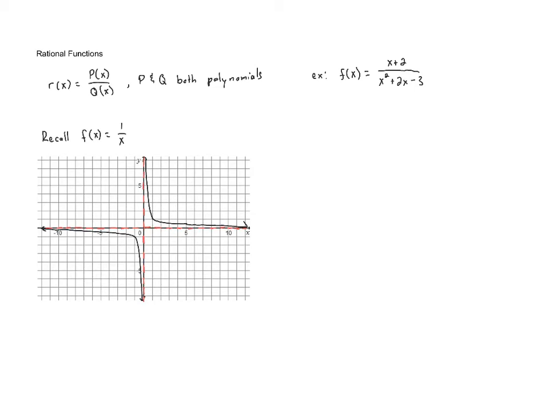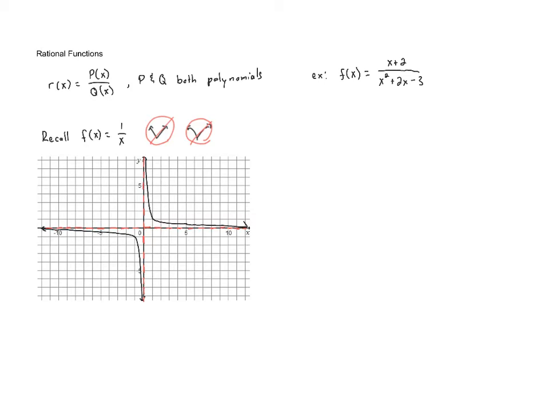They do have a lot in similarity, though. They will always be smooth curves. So whether it's a polynomial function or a rational function, we're never going to have a corner or a cusp in our graph. They're always going to end up being nice, smooth curves. The only difference is we might have asymptotes here.